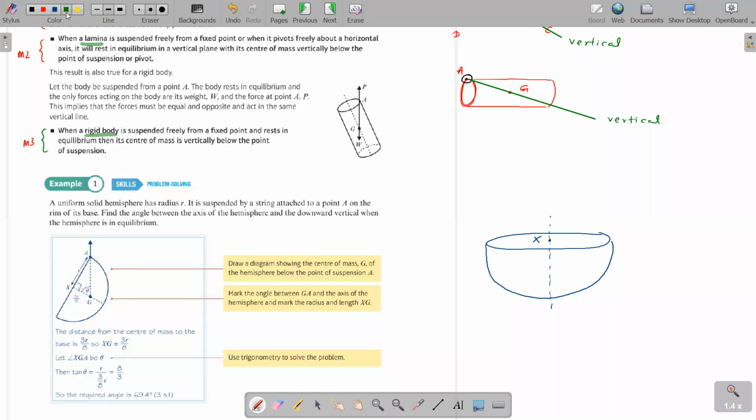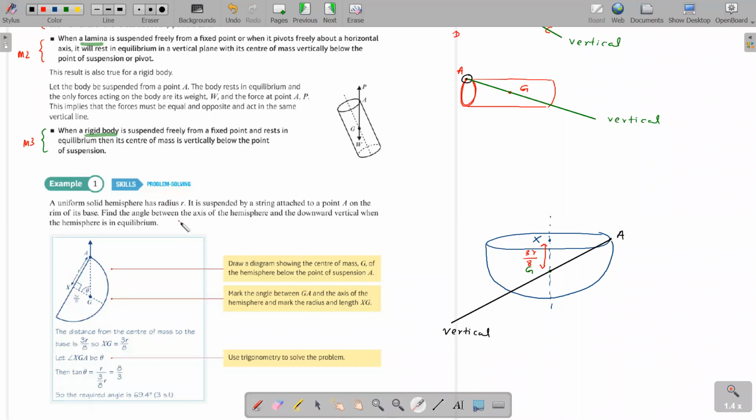You know the center of mass is at a distance 3r/8 below X. And they're hanging this from this point A. All you have to do is from point A, you construct this line. Can you guys see what I've done? This line that you draw here is the vertical. That's all you need to do.